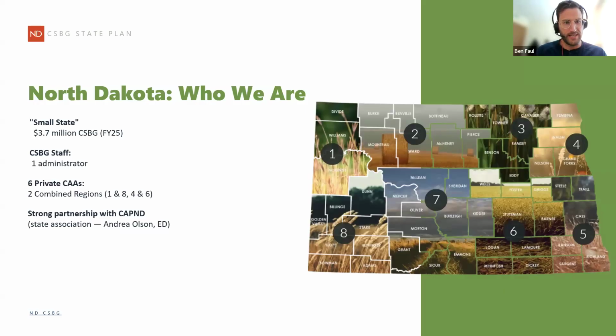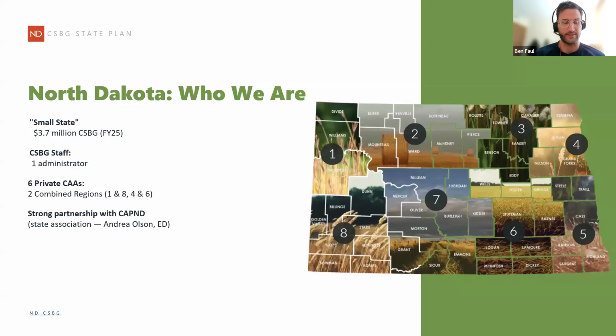We have 6 community action agencies. All are private. We have 2 agencies that have 2 regions. I'll dive into a little more depth on that later. But one thing we really pride ourselves on in North Dakota is our state association relationship. As Karen mentioned, relationships are so vital to the success of CSBG and the state plan.